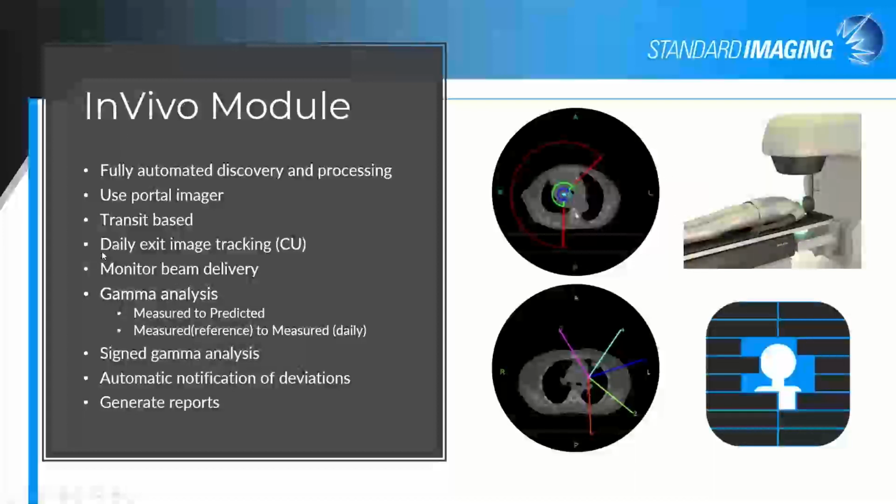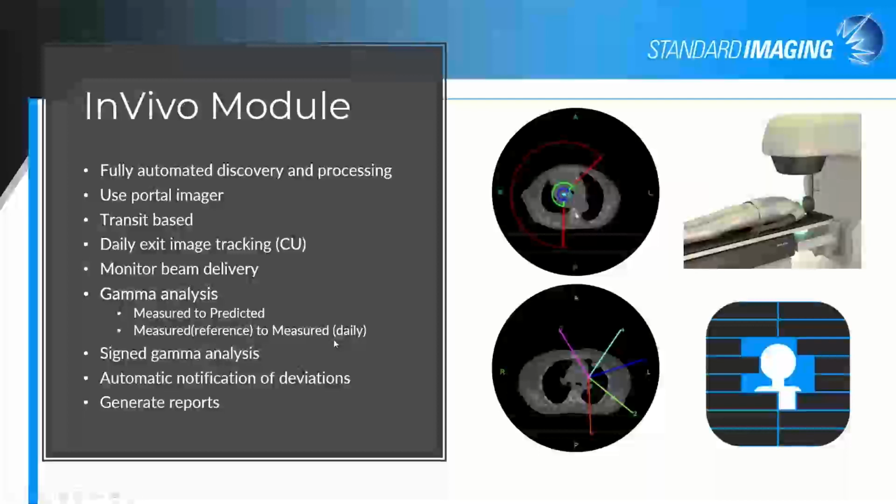It is the daily exit image tracking, and it's based on calibrated units. So you do need a calibrated panel, and you can monitor the beam during the delivery. We have a gamma analysis that is based on both a measured to predicted, and then there's a relative mode that is a measured reference to a measured daily.